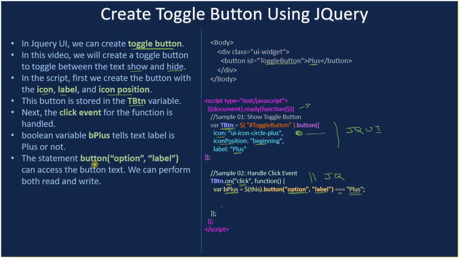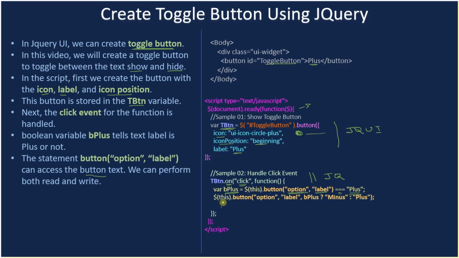The statement $this->button('option', 'label') can access the button text, as already explained. We can perform both read and write. Here, if you see, we are performing the read option.